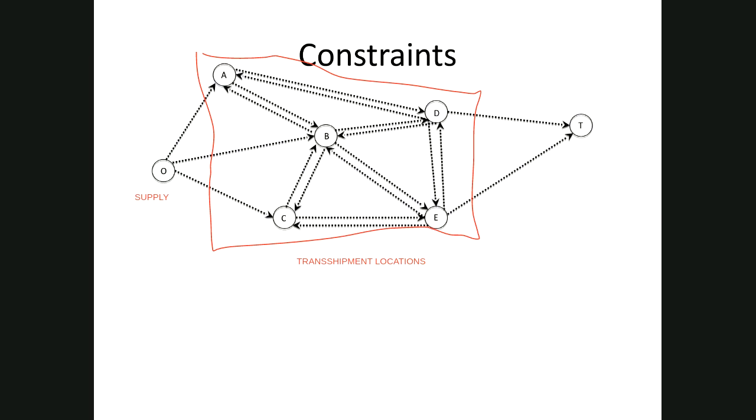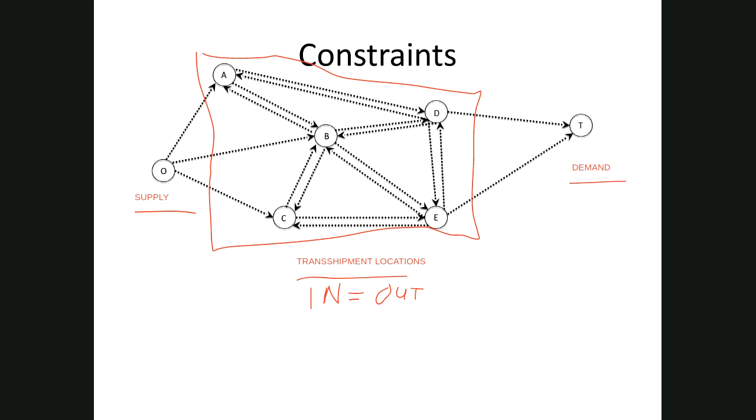And so, as before, we have supply constraints with respect to the origin. We have a single demand constraint with respect to the terminal, or the destination, and then we have 5 transshipment locations where whatever goes in is going to equal whatever comes out. And we're going to use our graph to help us build these transshipment constraints.